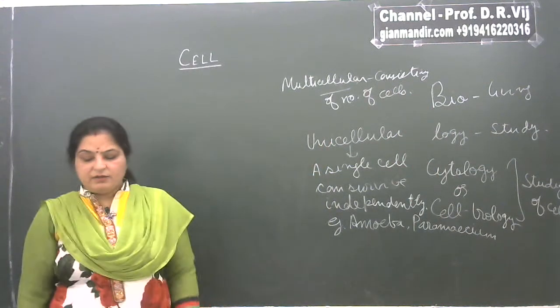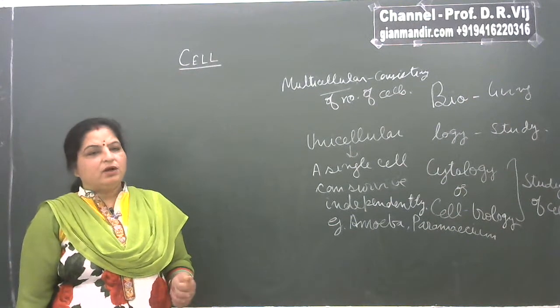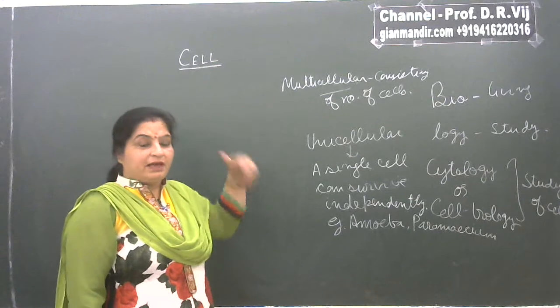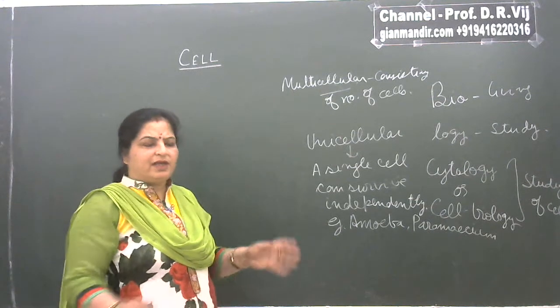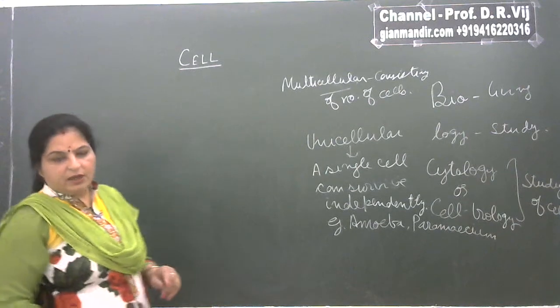So when an organism is made up of a number of cells, then it is known as a multicellular organism, right? For example, human beings and the different plants and animals that we see around us, they all are multicellular organisms.